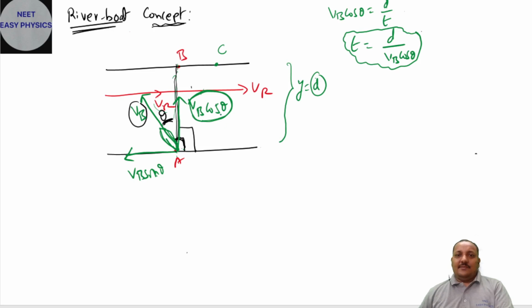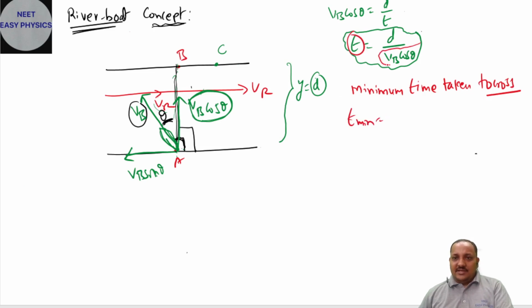This is the formula. So what is the minimum time to cross? They will ask in the question: in what minimum time, the minimum time taken to cross the river. If time is to be minimum, the denominator should be maximum.